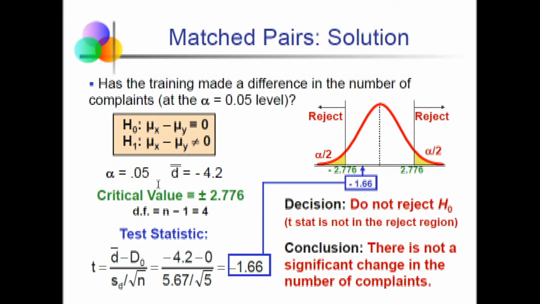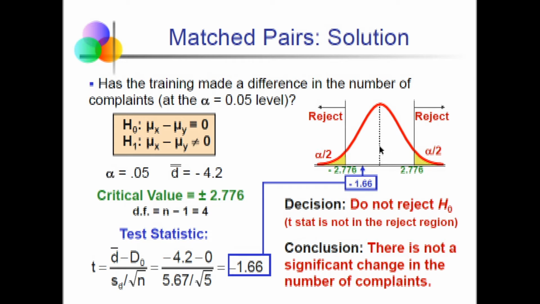We're looking for the critical values using the t table, and our degrees of freedom are 4. So at 4 and alpha equal to 0.025, the critical values are minus 2.776 and positive 2.776. So this is our region in which we fail to reject H naught.